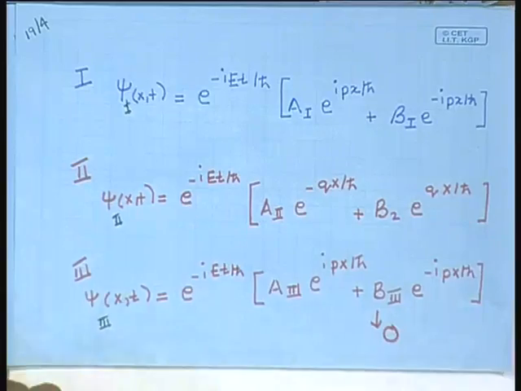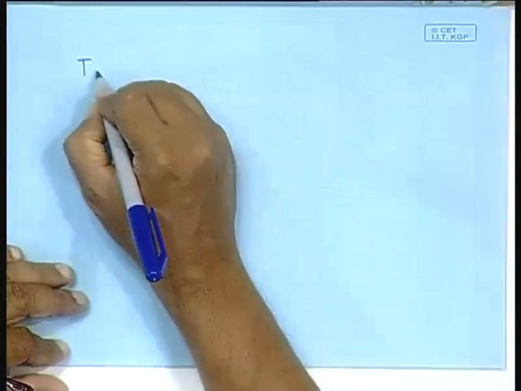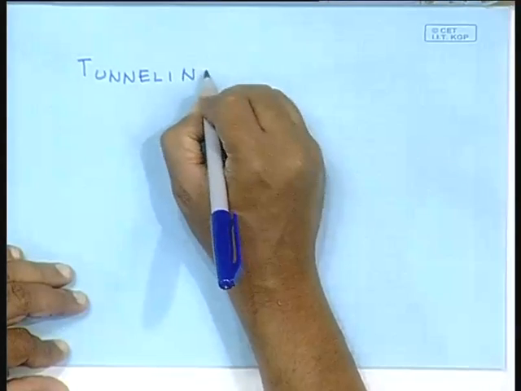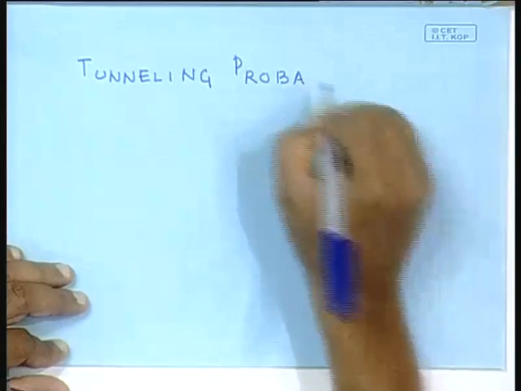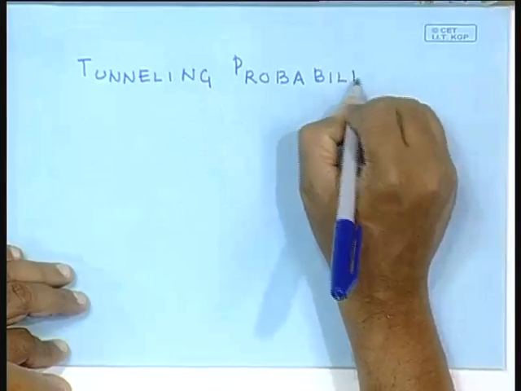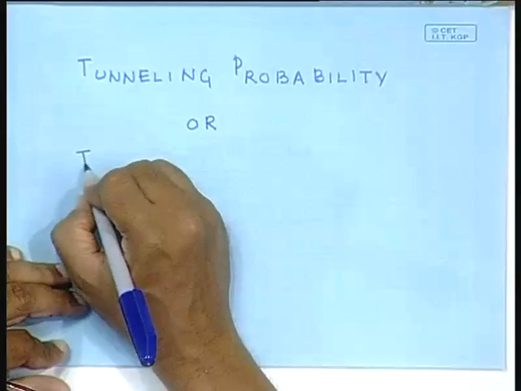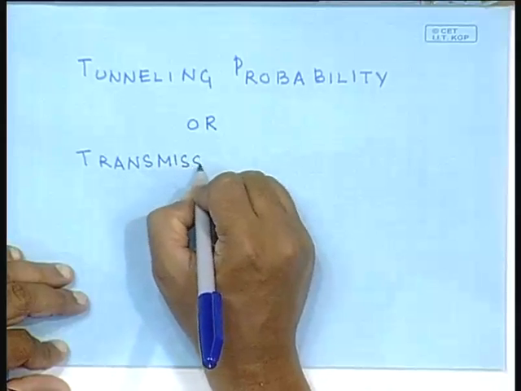So, if you ask the question, what is the tunneling probability or the transmission coefficient?